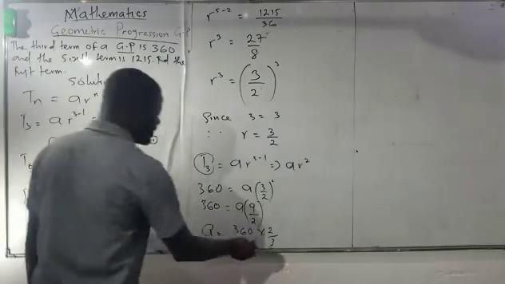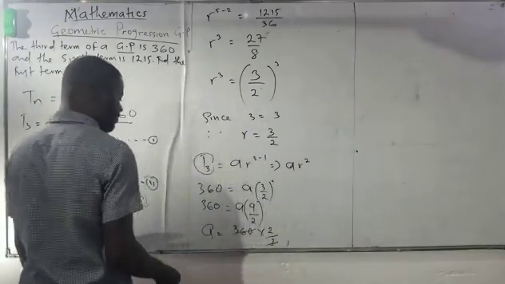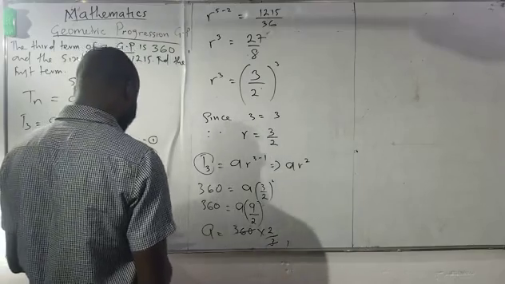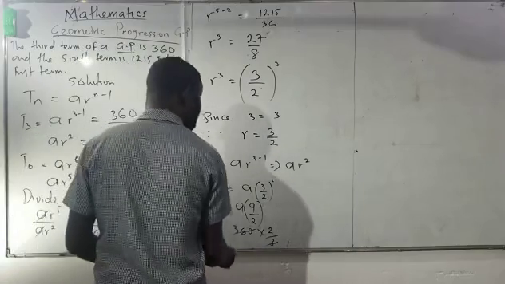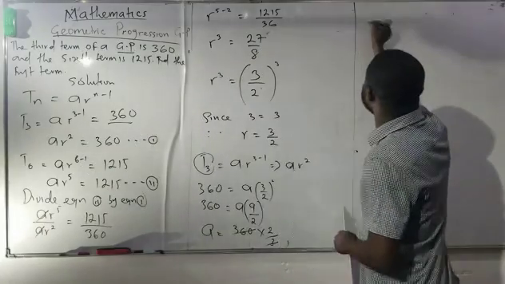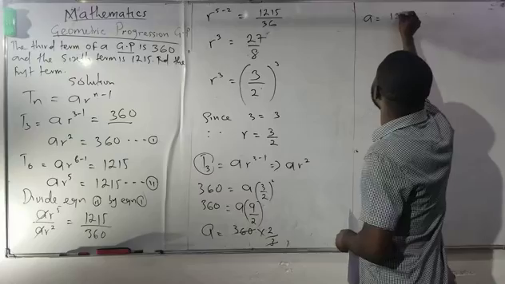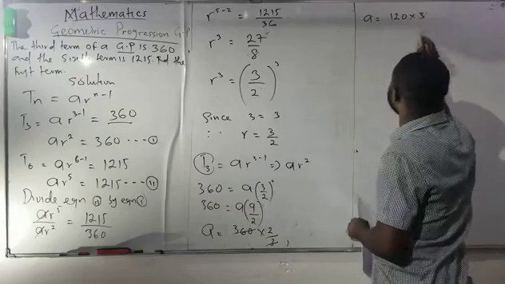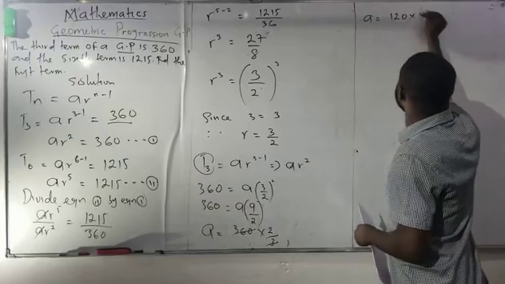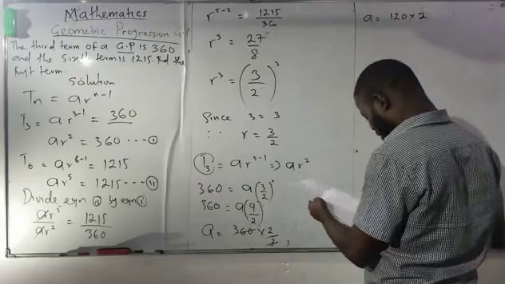Now I know that here is 360 divided by 3, that will be 120. It means my a equals to 120 multiplied by 3, I mean multiplied by 2 rather.